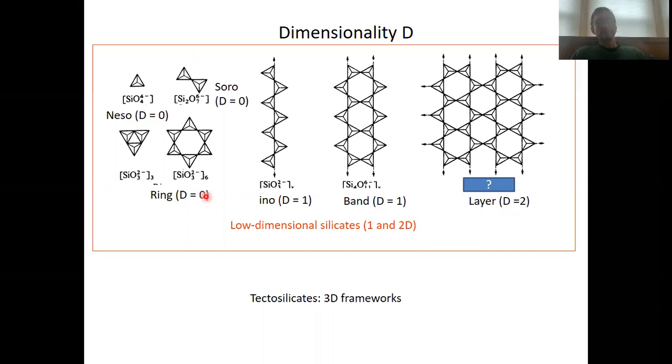So in all these silicates, we do not have extended structures. Therefore, these silicates have the dimensionality 0.